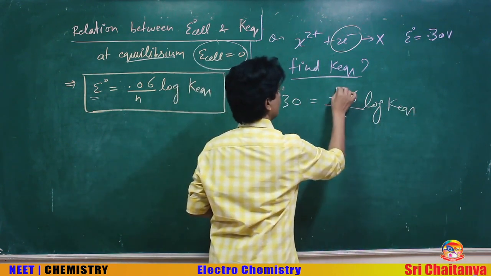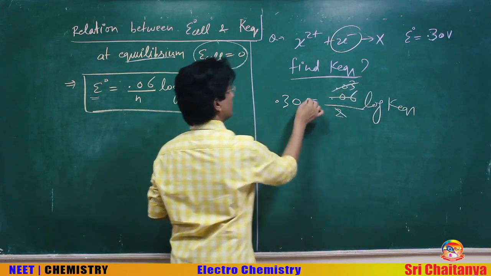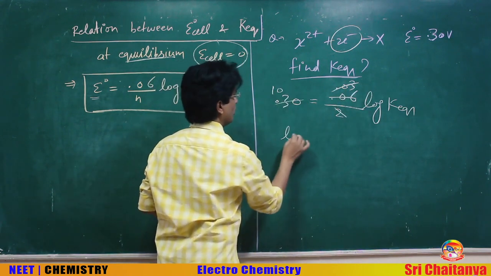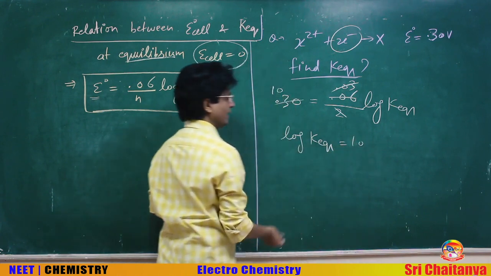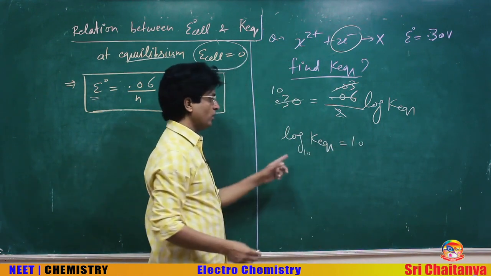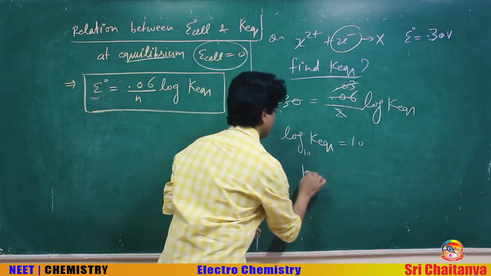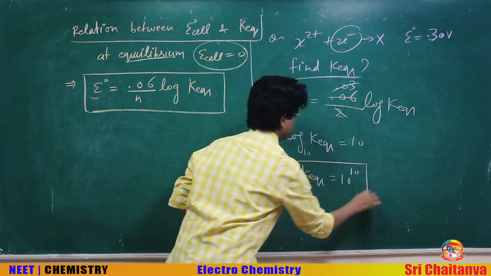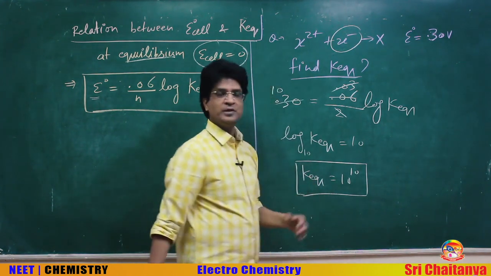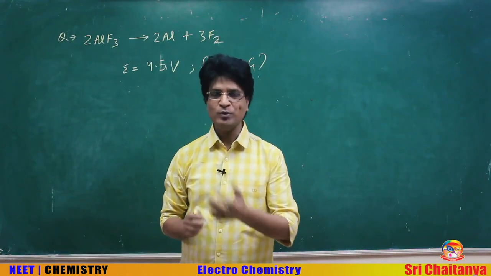So solve it. This will be 0.03. Cut it up. This will be 10. So log of K equilibrium will be 10. Now we know that the base is always 10 for log. Now take the anti-log. K equilibrium will be 10 to the power of 10. Simple one.